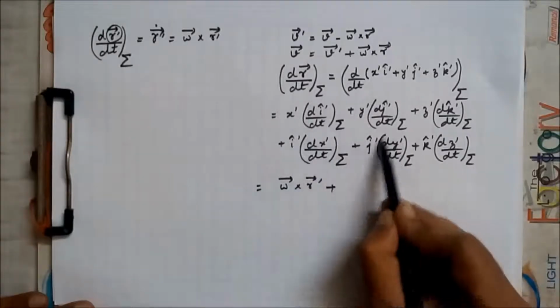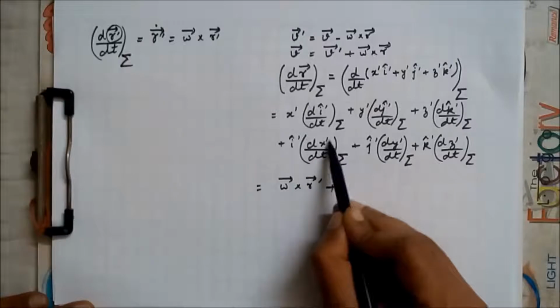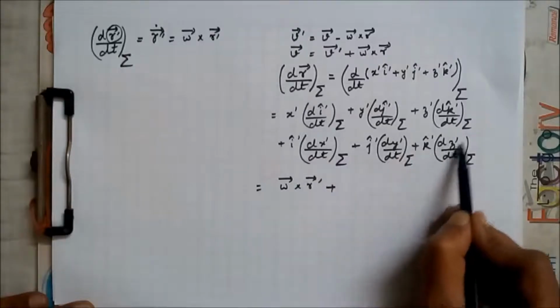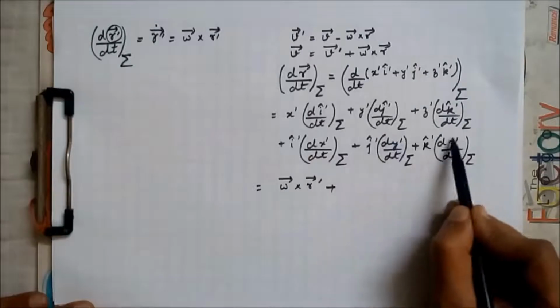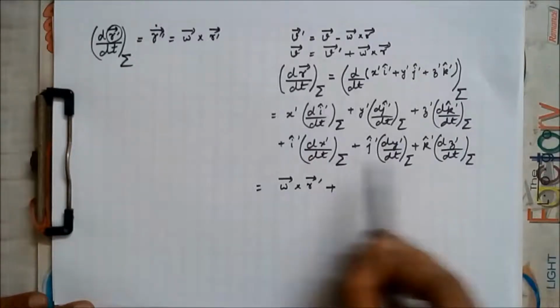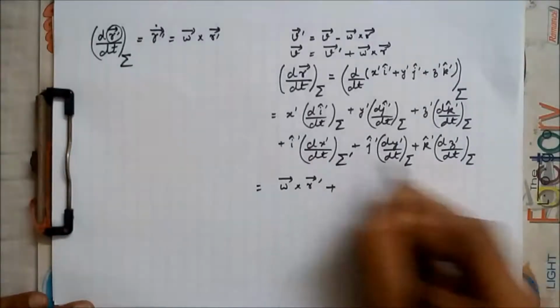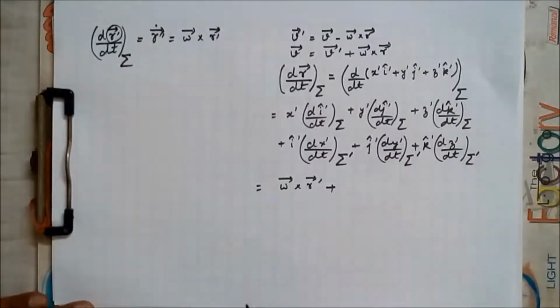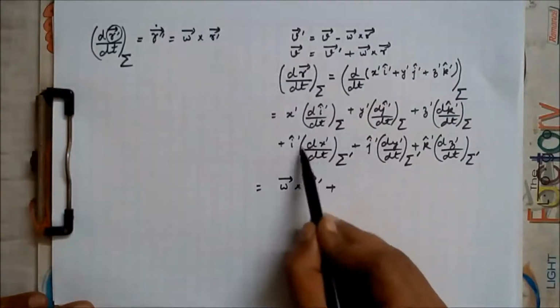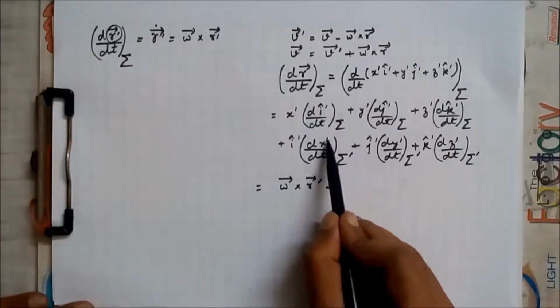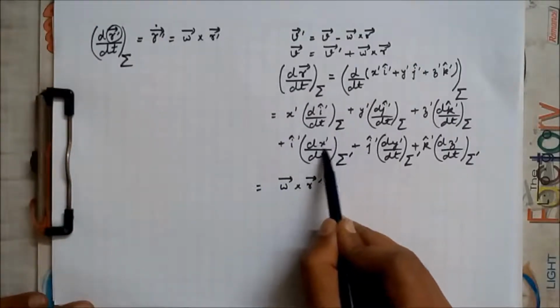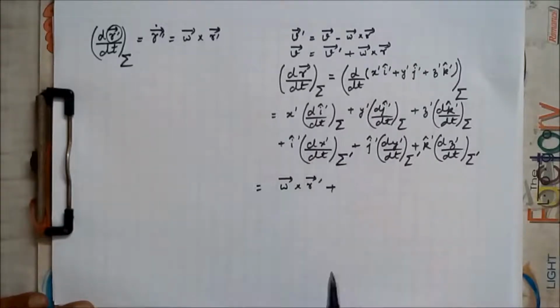in these differentiations we are basically only differentiating scalar functions of time, and for scalar quantities it does not depend from which reference frame I am differentiating. So I can just as well differentiate these from the primed reference frame. So this just becomes the derivative of the x primed coordinate, which is a function of time, as seen from the primed reference frame.